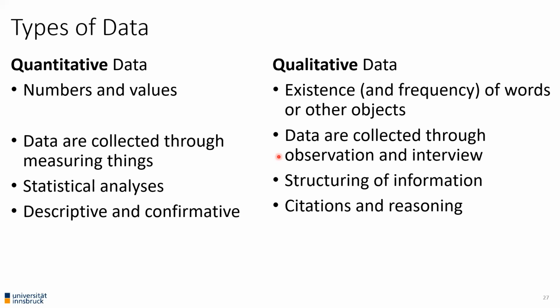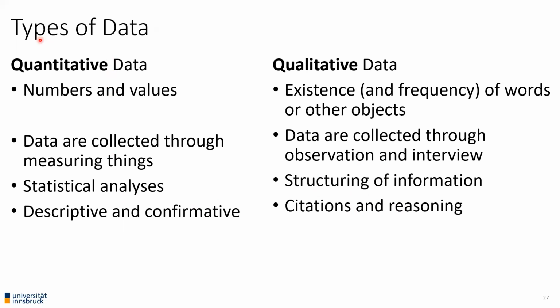I mean, quantitative is more about numbers and values, and qualitative more about existence and frequency of words or other objects like images and so on. In quantitative, it's more about measuring, and in qualitative data about collecting, coding, structuring information, and in quantitative you apply statistical analysis.